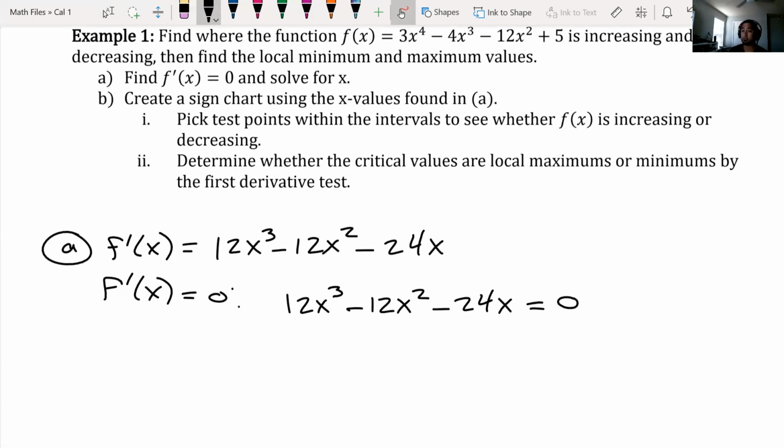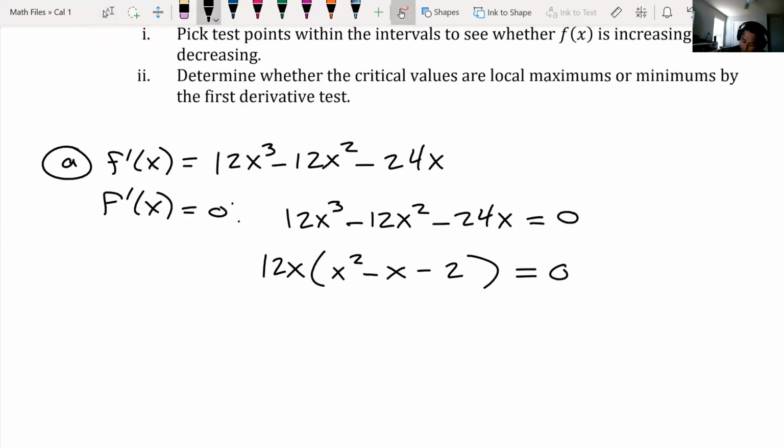What could I factor out here? 12x. That'll leave me with x squared minus x minus 2. And what does x squared minus x minus 2 factor to? That's minus, minus. So that's x plus a number, and that's x minus a number.